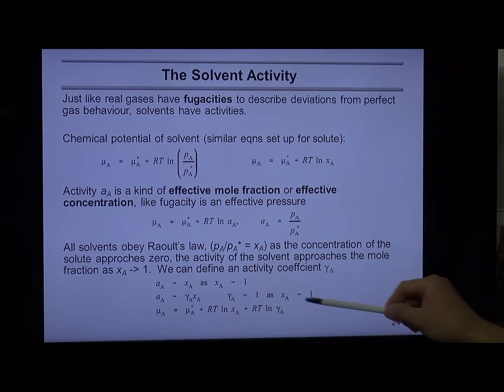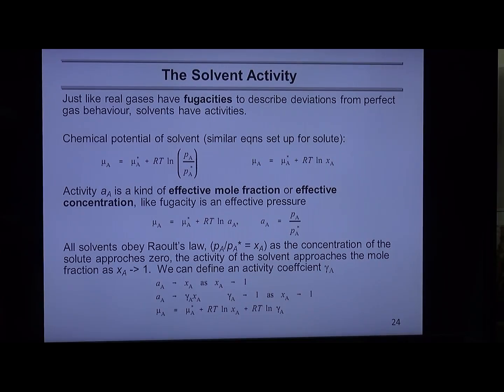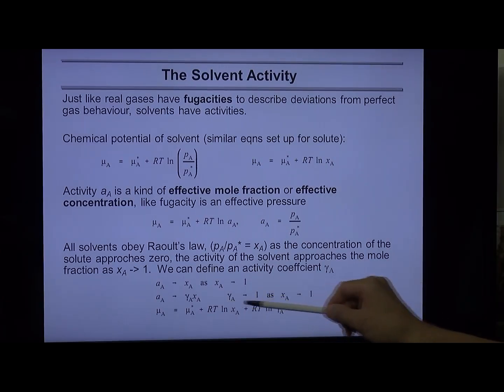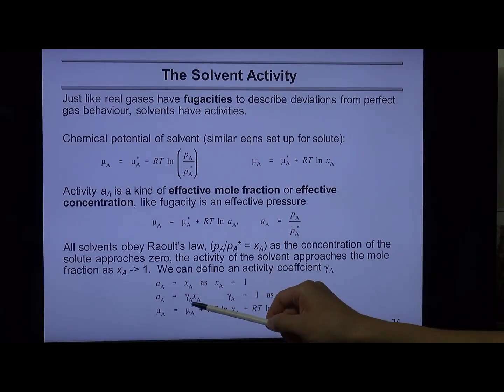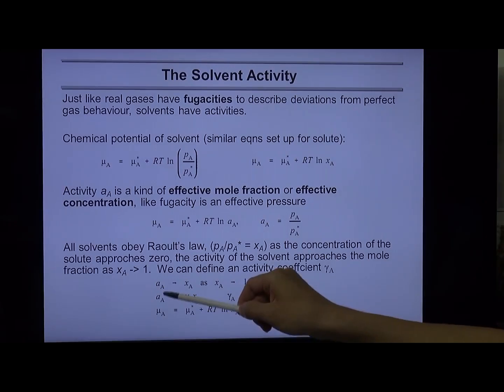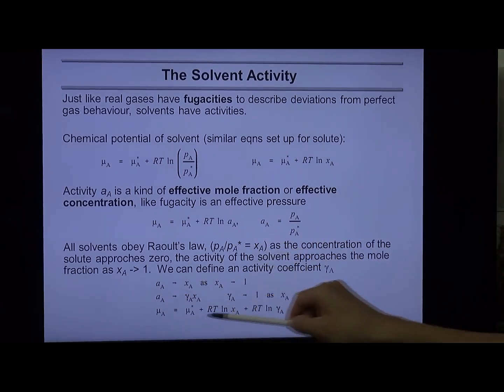Which means that as XA approaches 1, as XB approaches 0, then gamma A, the coefficient, approaches 1.